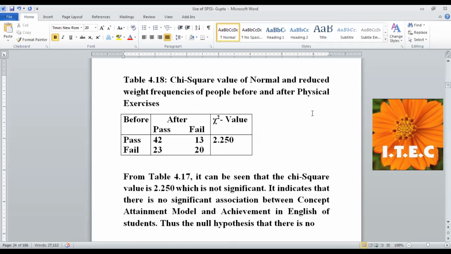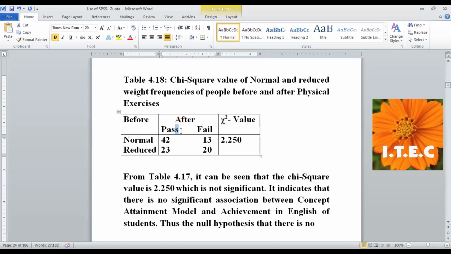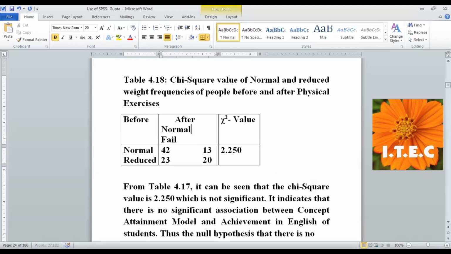Now here, this is normal, and this is reduced. This is normal, and this is reduced.